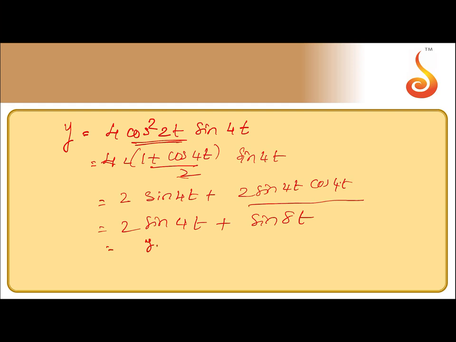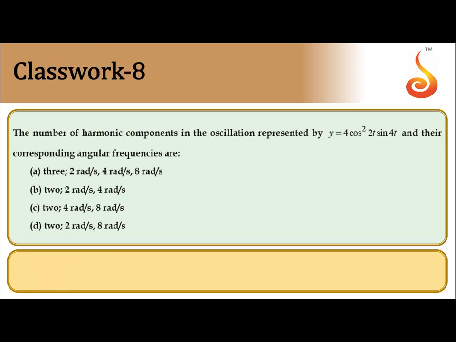This is like y1, this is like y2, and there are 2 components, and the frequencies are, for this one the frequency omega 1 is 4, and for the other omega 2 is 8. So 4 radian per second and 8 radian per second are the respective angular frequencies.